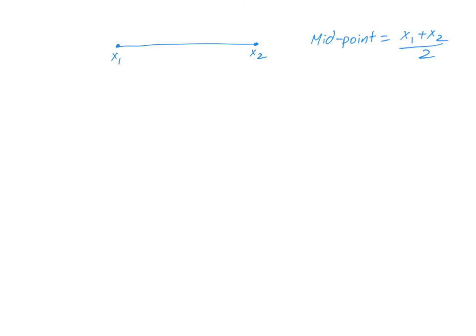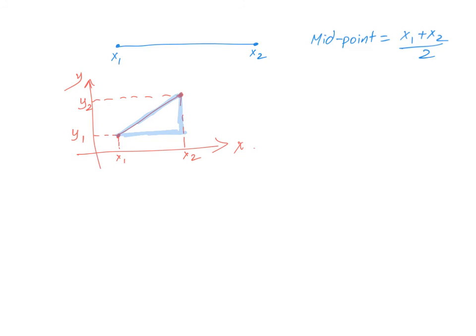Now this can be extended to a graph where you have x1 and x2 and you have y1 and y2. Whenever you see a straight line, the best way to work with straight lines is to make a right angled triangle that meets at 90 degrees.